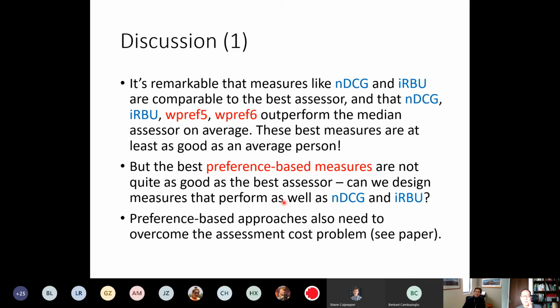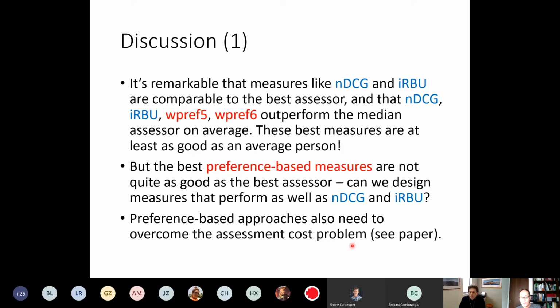So my question would be, what would be the reason for the IR community to actually move to the preference-based paradigm? I don't have a convincing answer because the measures I tried based on preferences are not quite as good as NDCG, right? And we still have the assessment cost problem.